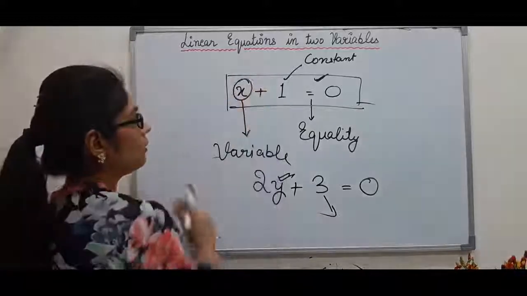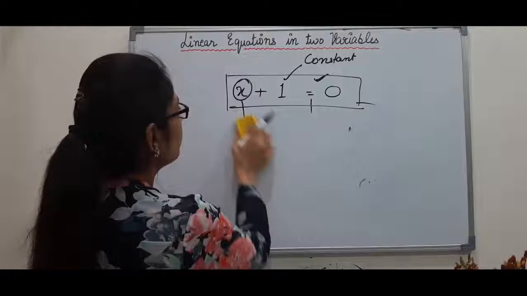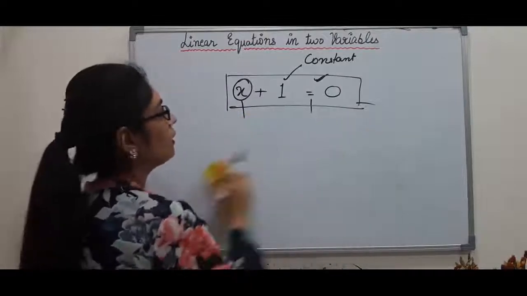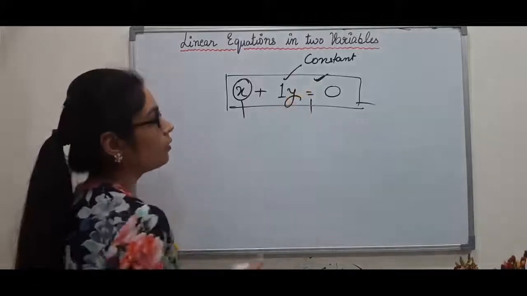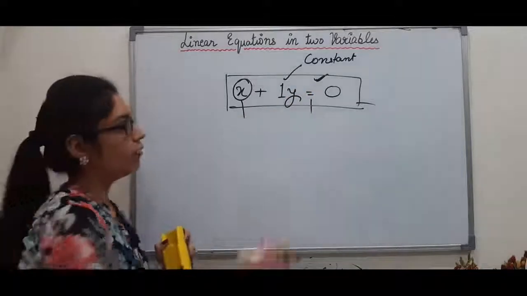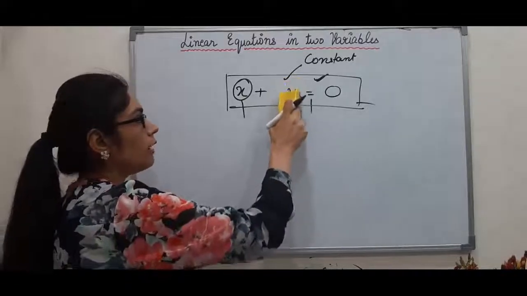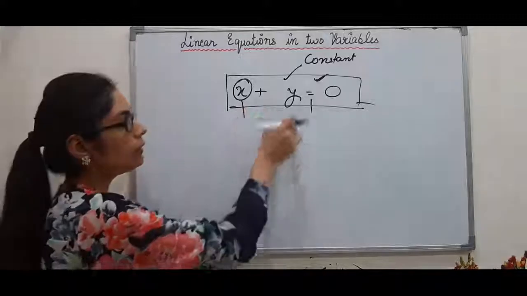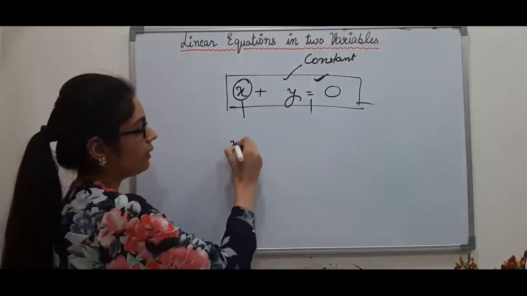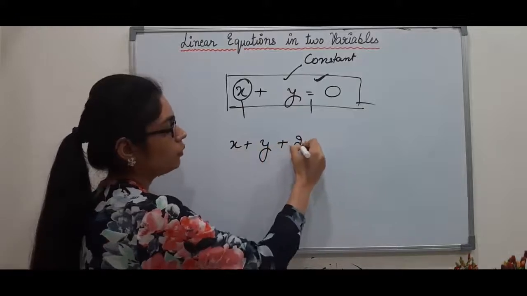The same equation I will take, but in place of 1 now I will write 1y. So now I have x plus 1y, or simply y, because if 1 is there, no need to write it. So x plus y is equal to 0, or x plus y plus 2 is equal to 0.